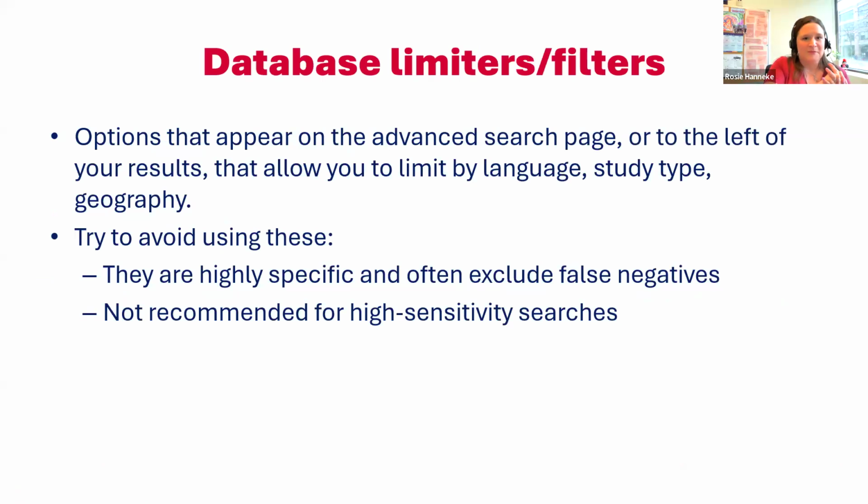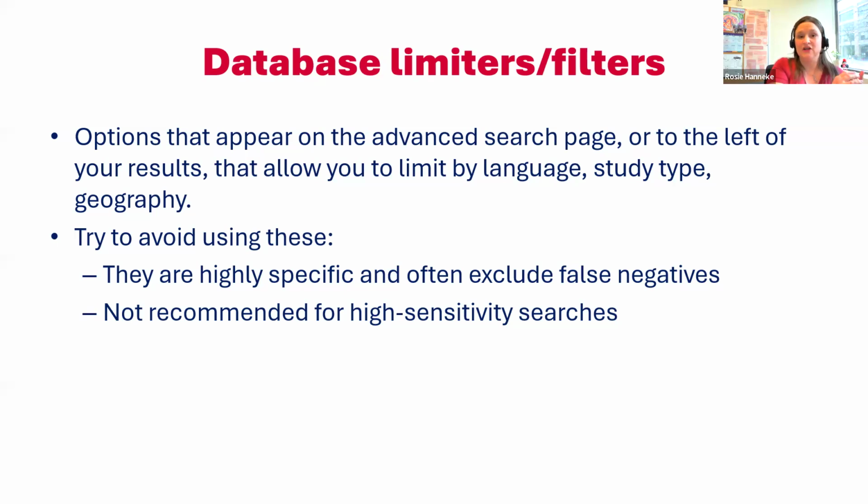I'll wrap up here, but database limiters. When you're looking at your PubMed filters, there can be a temptation to start clicking the stuff on the left: article types, full text availability, dates, language, stuff like that. Really, it's considered a no-no in systematic review searching to use those filters. They're highly specific.